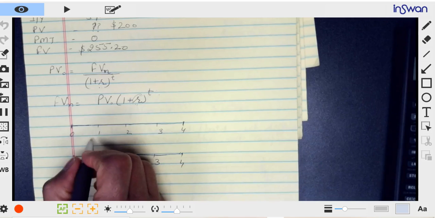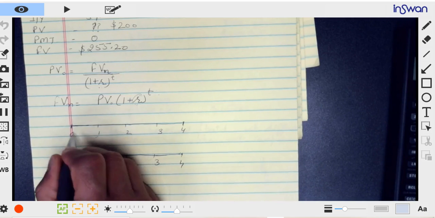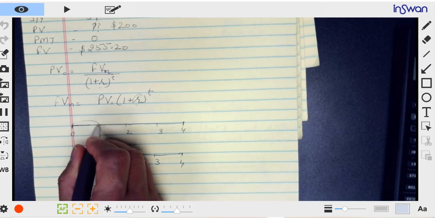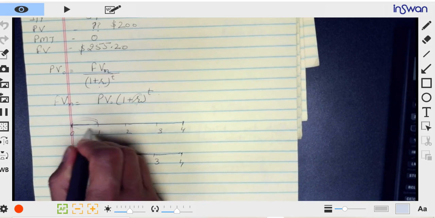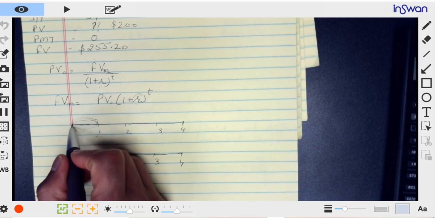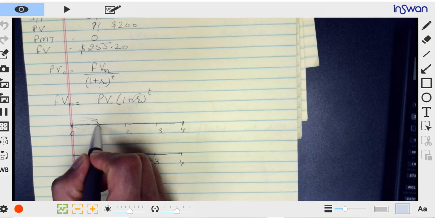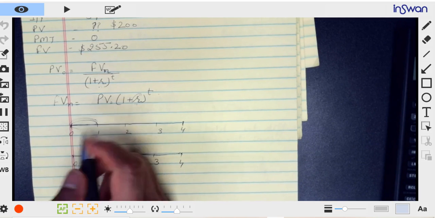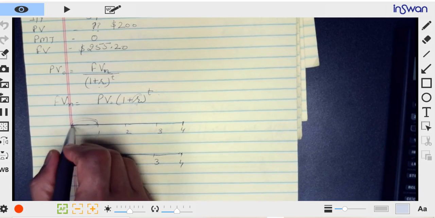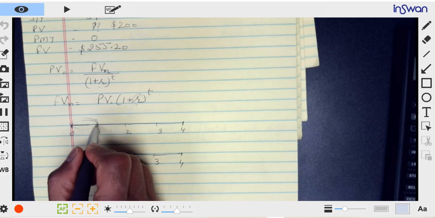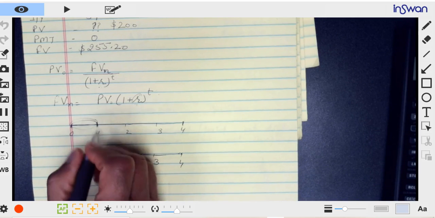If your cash flows start from period 1, that means at the end of the first time period, t1, the first payment comes.